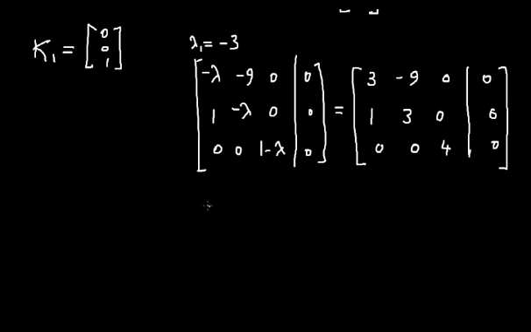So we can see here that it is now the middle row that's going to become the row of zeros. So I just multiply the middle row by 3 and subtract from the top row.